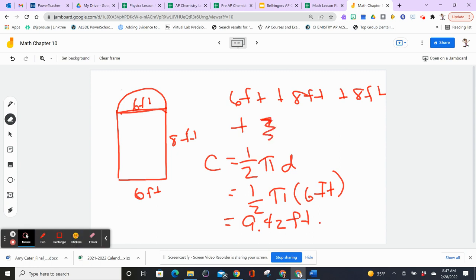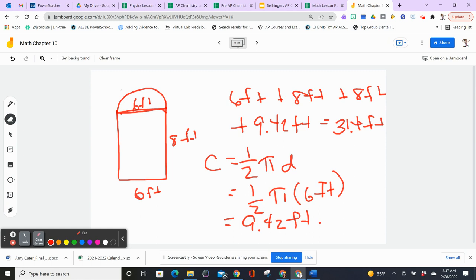So I'm going to put in here 9.42. And then I'm going to add all of that up together, and that will tell me how much trim I need to go around. And it should be 31.4 feet. It said to round to the nearest tenth of a foot, so that was right.